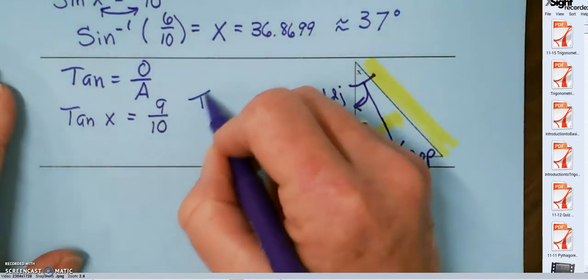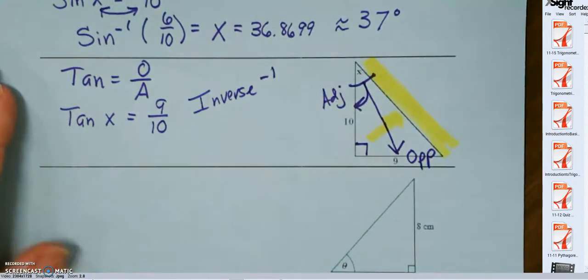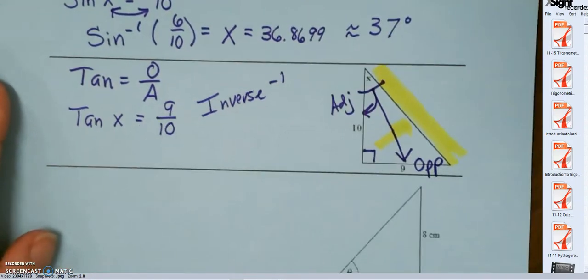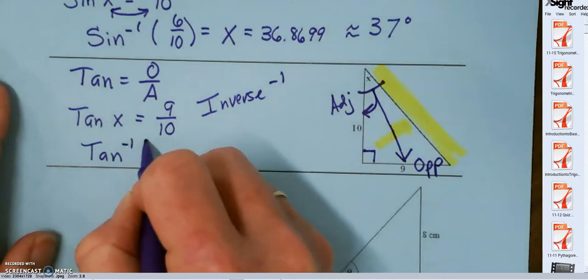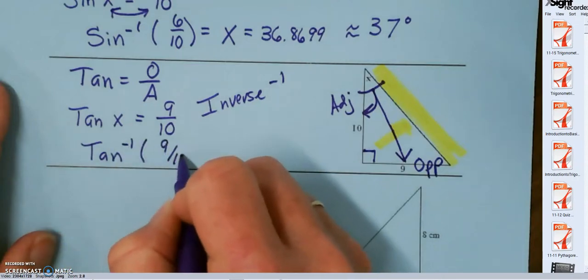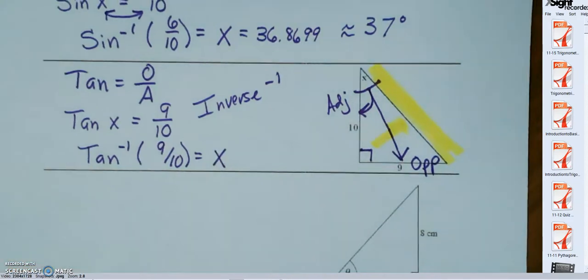Okay, so now we're going to have to take the inverse function in order to solve for x. So the tangent to the -1 power of 9 over 10 equals the angle value of x.